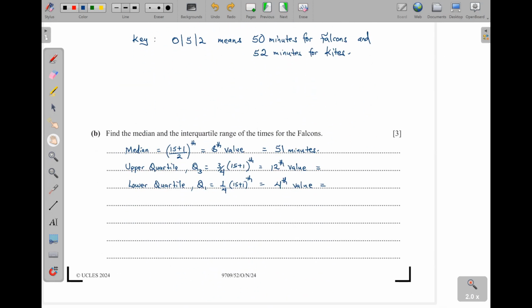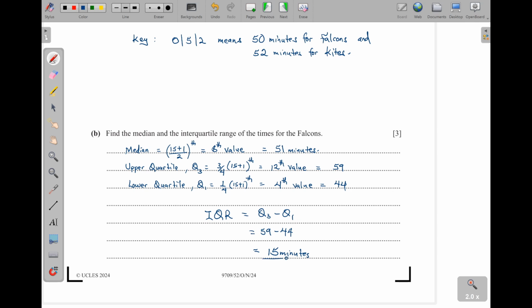So the interquartile range, the IQR, which is the difference between the upper quartile and the lower quartile, we shall have 59 minus the 44. This will give us 15 minutes.